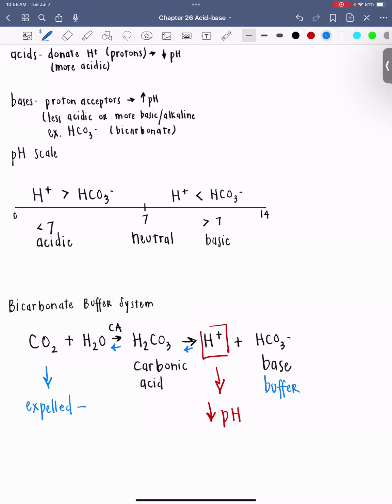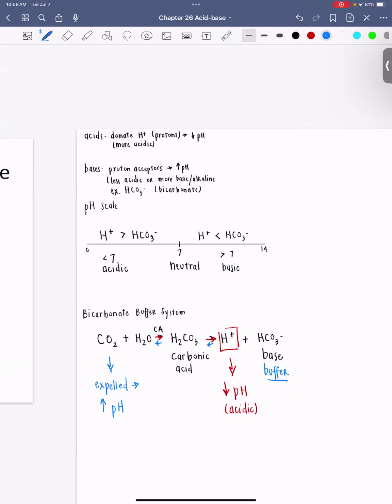And when CO2 is eliminated, that will raise the pH of our solution. So in the forward direction, when the reaction proceeds from left to right, it drives the pH down, making it more acidic. And to prevent it from becoming too acidic, the bicarbonate again will combine with the hydrogen ions and neutralize the pH because the reaction is driven in the opposite direction and CO2 is released.